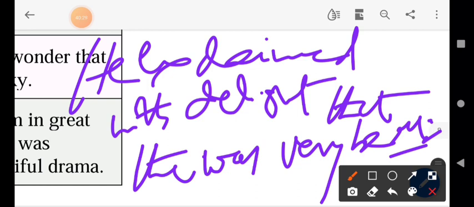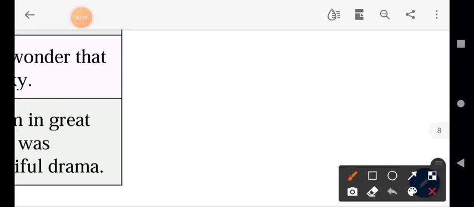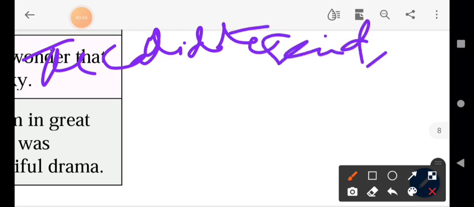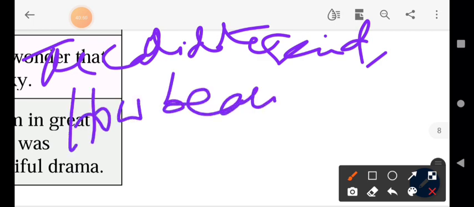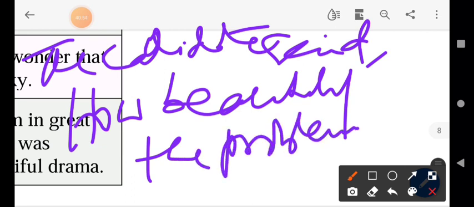That is the explanation, my dear students, today. And then, the candidate said how beautiful the problem is. For example, the candidate said how beautiful the problem is. This has WH words.